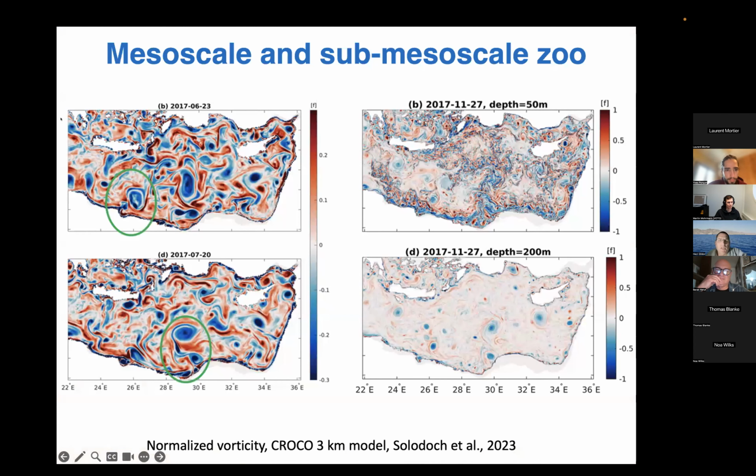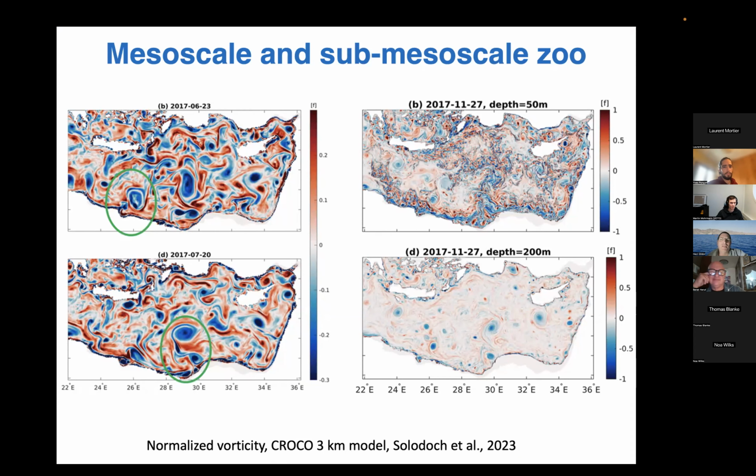Okay, and I guess you're all familiar that the Eastern Mediterranean is a zoo of mesoscale and sub-mesoscale eddies. What you can see here are the results of a numerical simulation by a model by Croco, which was run in a nested grid by a group in Tel Aviv University, taken from Solodov et al. last year.